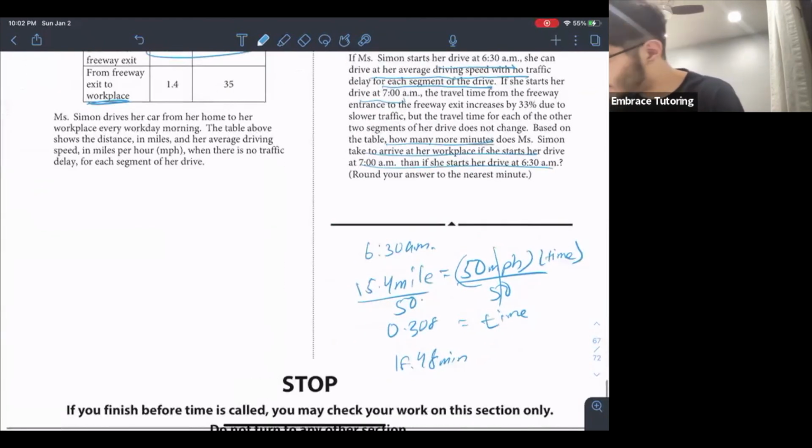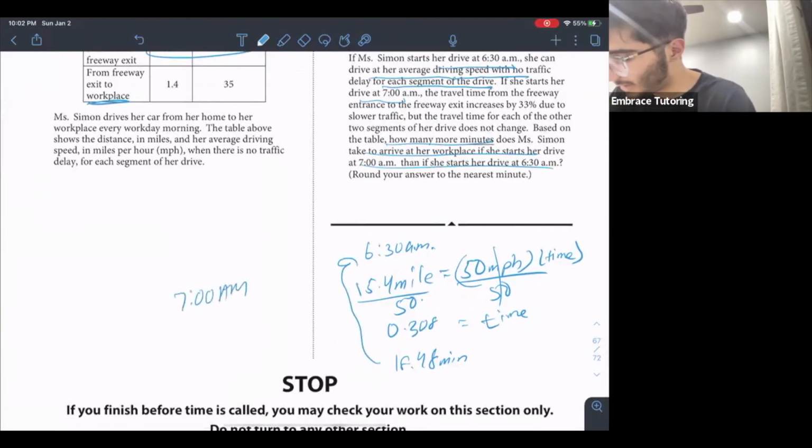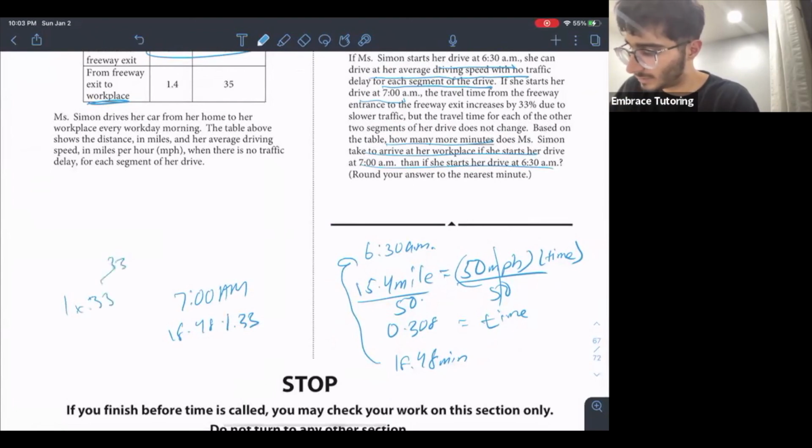That is at 6:30. Now, if she leaves at 7 a.m., there would be 18.48 times the 1.33 increase, because it's a 33% increase, so it would be 1 plus 0.33, which is 1.33.